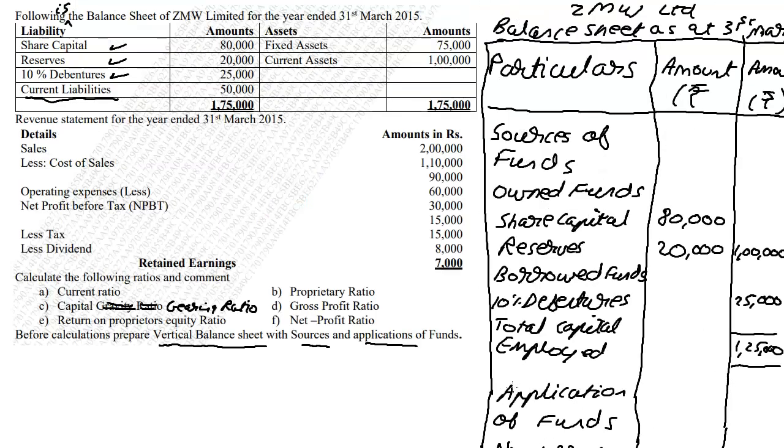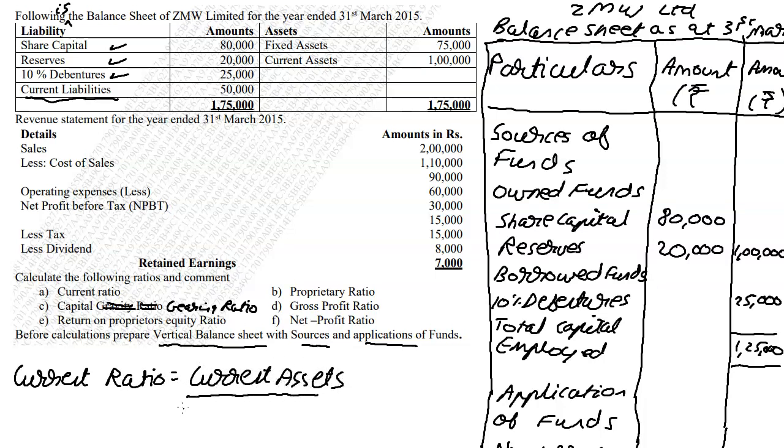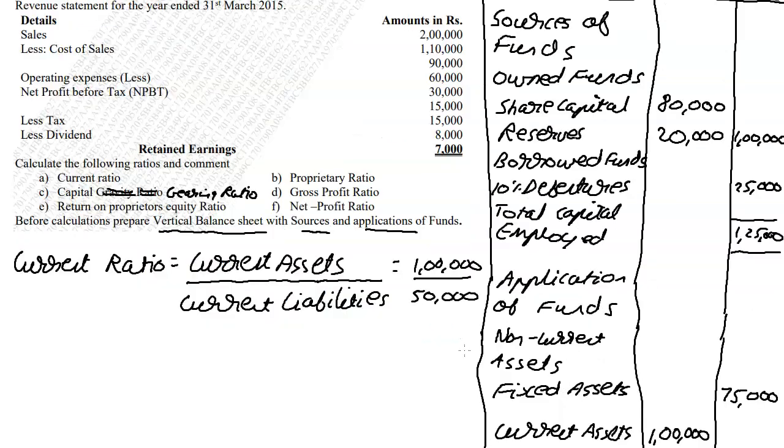Now, going forward, dealing with the ratios. The first ratio is current ratio. Current ratio is equal to current assets upon current liabilities, right, which in turn is equal to 1 lakh upon 50,000, which gives us 2.